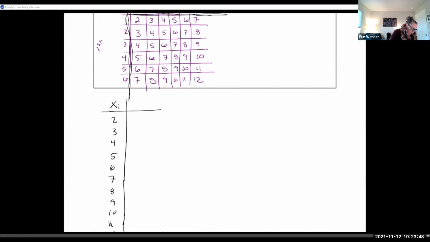So the second column, we're going to say, what is the probability that X equals X sub i? And all that part is saying, again, this notation, all that means is the probability that the sum equals a specific value.